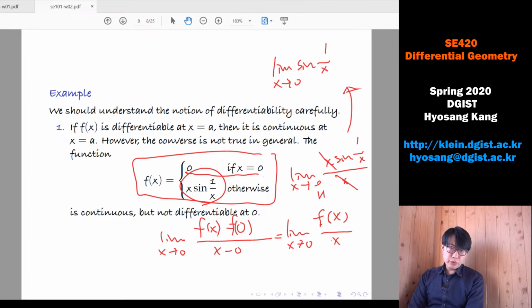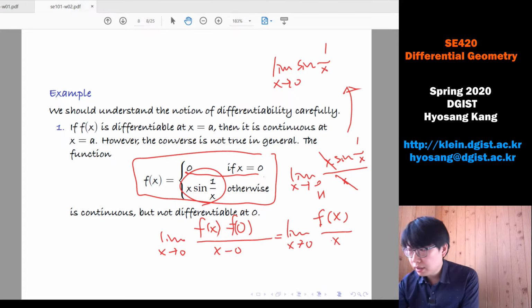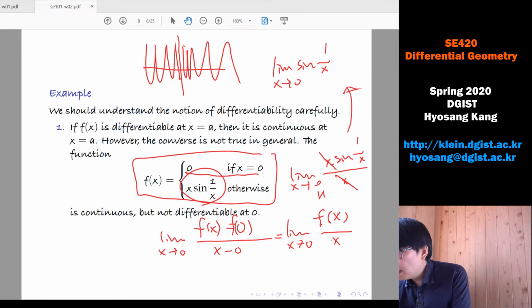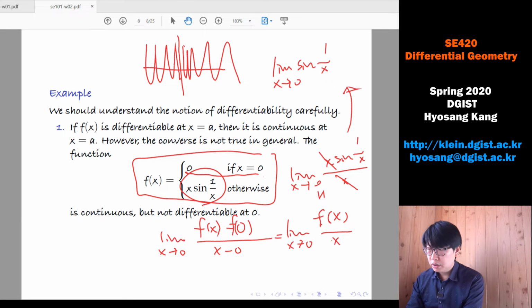And sine 1 over x looks like this. So as x goes to 0, 1 over x goes to infinitely large or infinitely small, depending on whether x approaches from the right or left of 0.